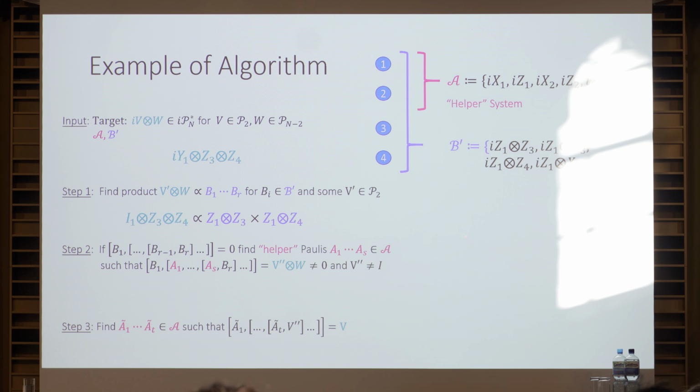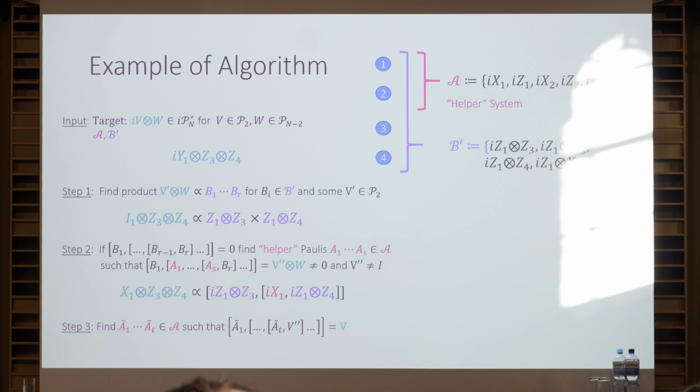I can do this because I have non-trivially extended this product universal set onto the first, right? You see this here. So all I have to add is, let's say here, an X1. And then suddenly the commutator of these three is no longer 0. But now I'm ending up with an X1 on the first, but I want a Y1 on the first.